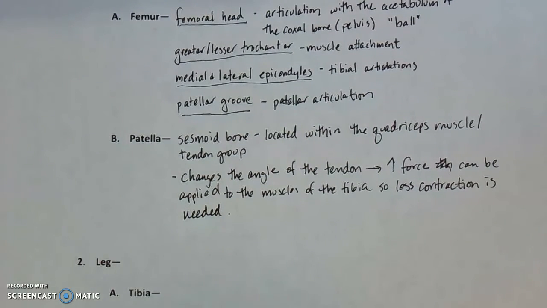So by changing the angle of the tendon, it increases the amount of force to allow the leg to extend and contract. So it kind of increases the mechanical advantage of this joint by having that in there.